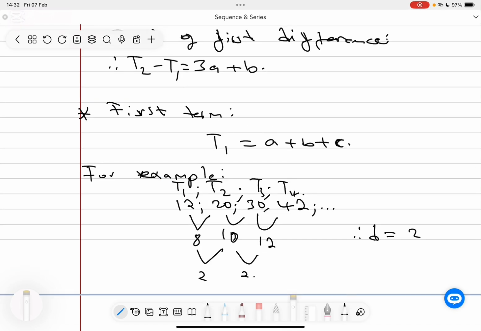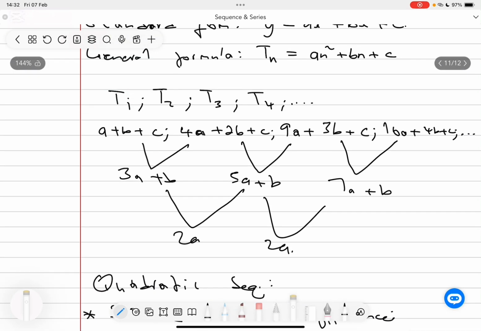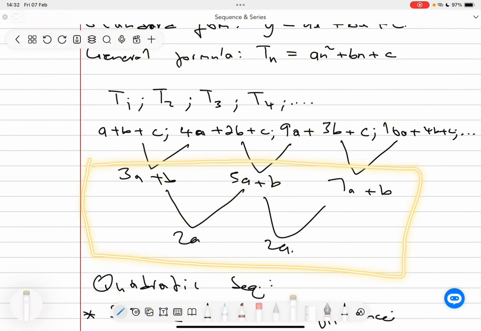Now, another important feature that we should look at before we close this specific lesson is that when we study this quadratic sequence, at the first common difference and coming down here, we actually see that this has the same characteristics as an arithmetic sequence. So basically this can be seen as an arithmetic sequence.